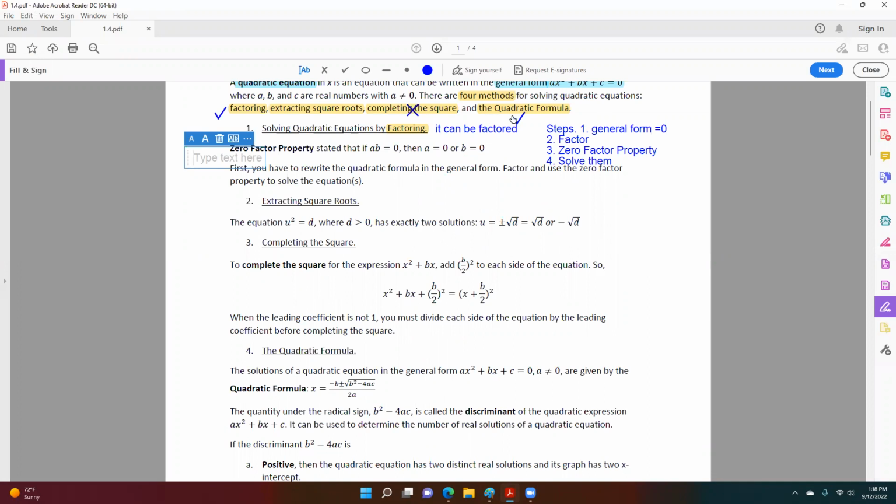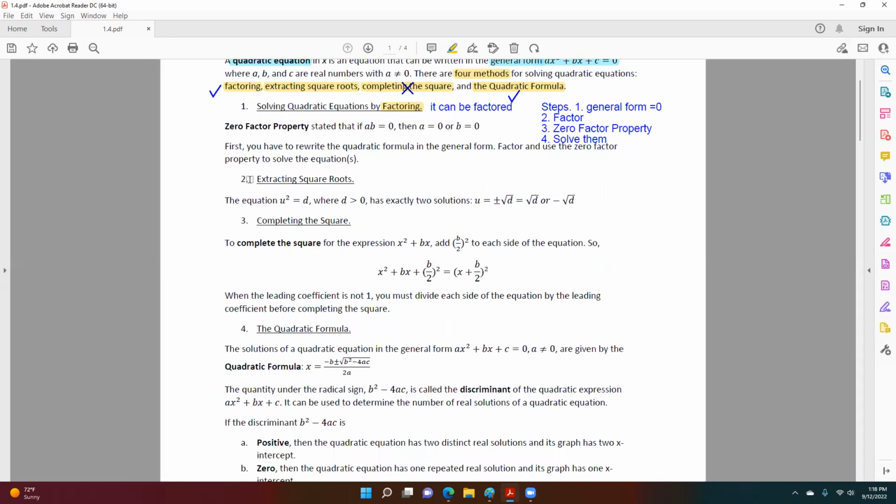You can do it with as many methods as you want, as long as your answer is the same. Now, this is the first method I showed you, factoring. The second method I will show you is solving these quadratic equations by extracting the square root.